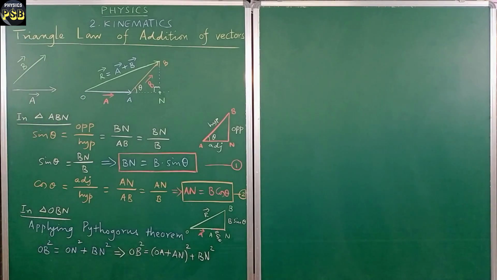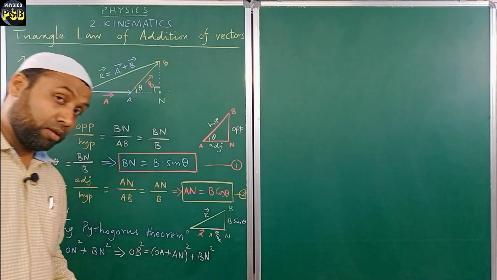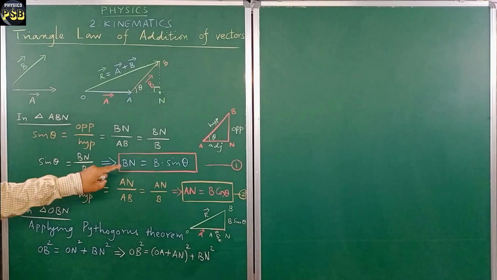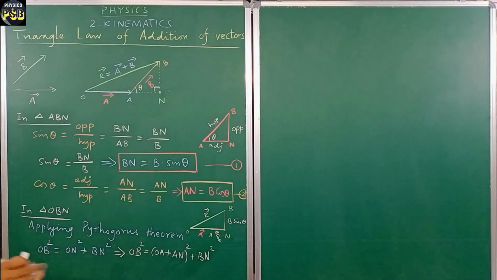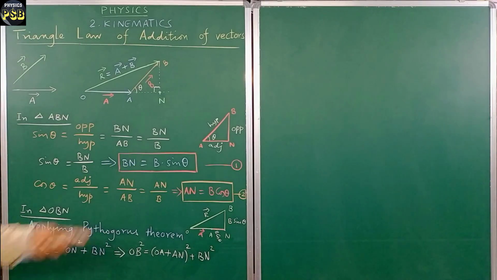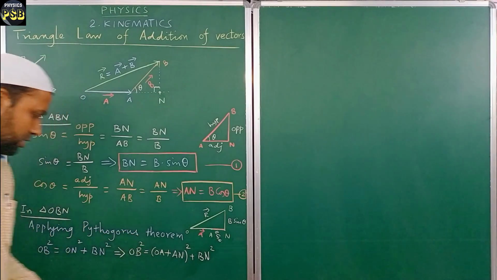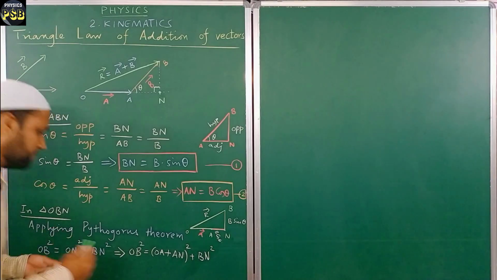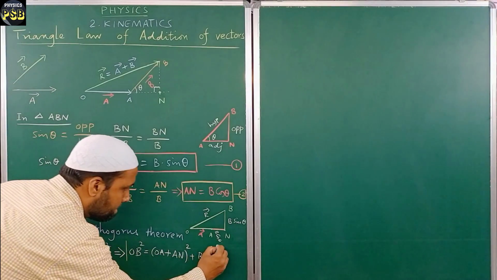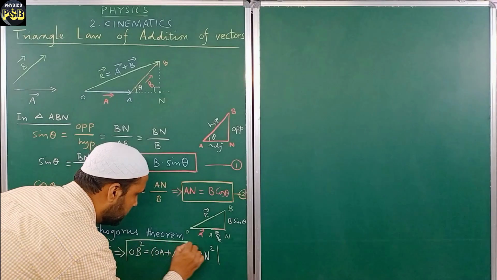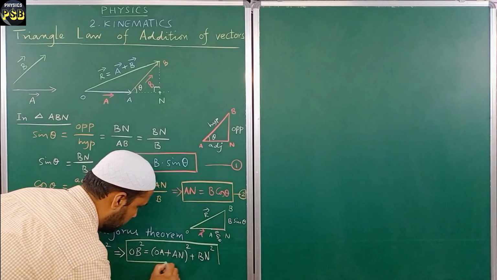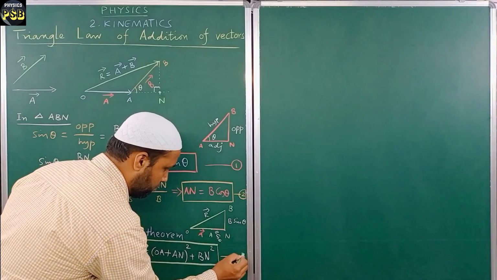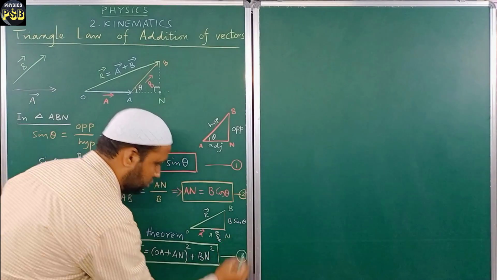In the next step, I am going to write the value of AN and BN that we have in equation number 1 and 2. Before doing so, let me box this and name this one as equation number 3.